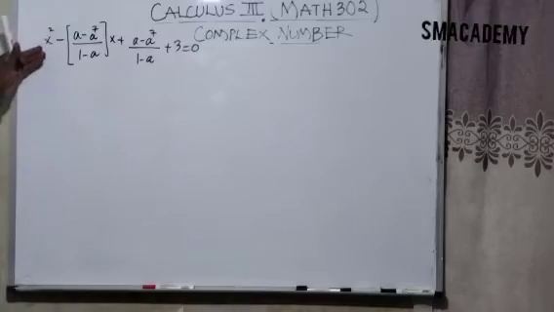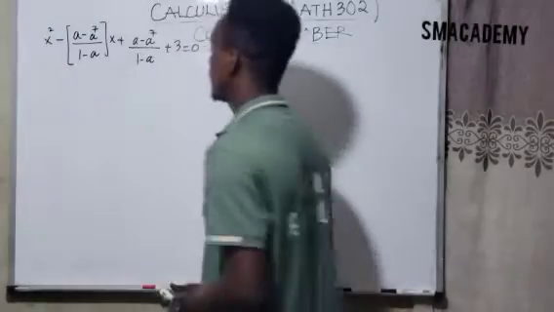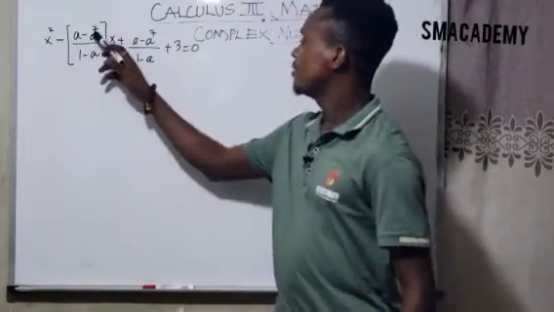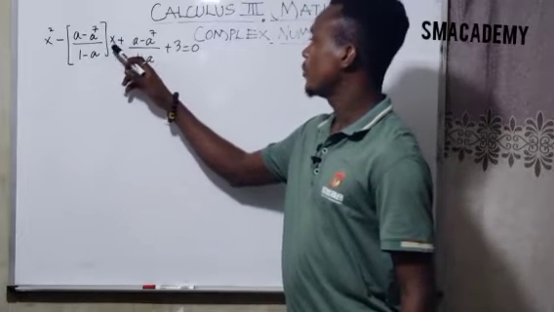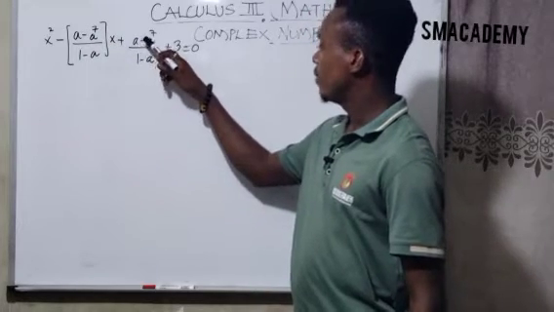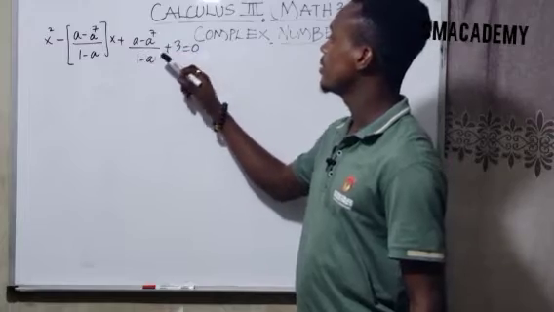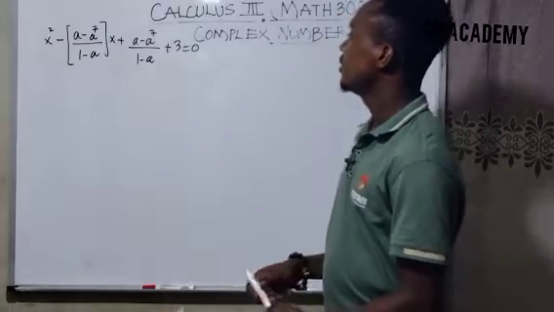So from our equation, x squared minus a minus a to the 7th power over 1 minus a multiplied by x plus a minus a to the 7th power over 1 minus a plus 3 is equal to 0.